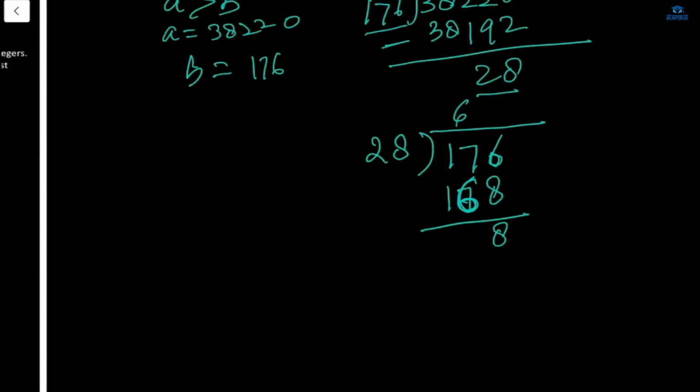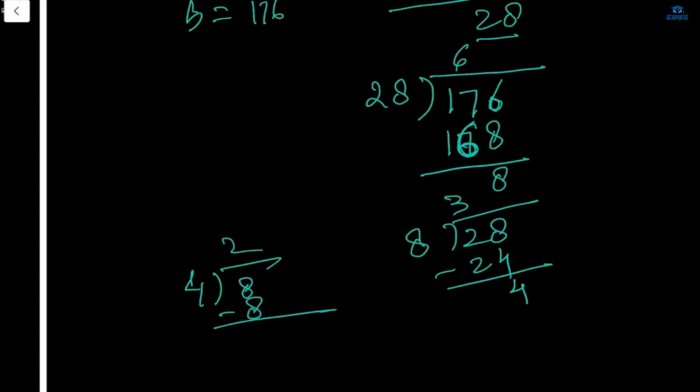Again the remainder is not 0, so we'll again apply it with 8 and 28. Here again the remainder is not 0, so we'll apply again. Now here the remainder becomes 0. So what is the HCF here? 4 is the HCF. The remainder becomes 0 and the last divisor is 4. So the HCF of 176 and 38220 is 4.